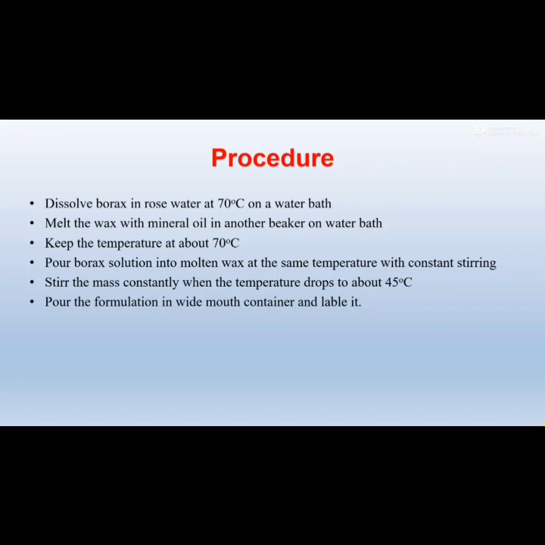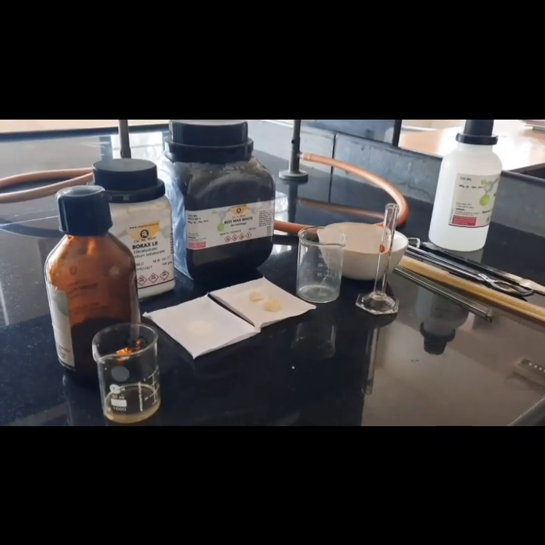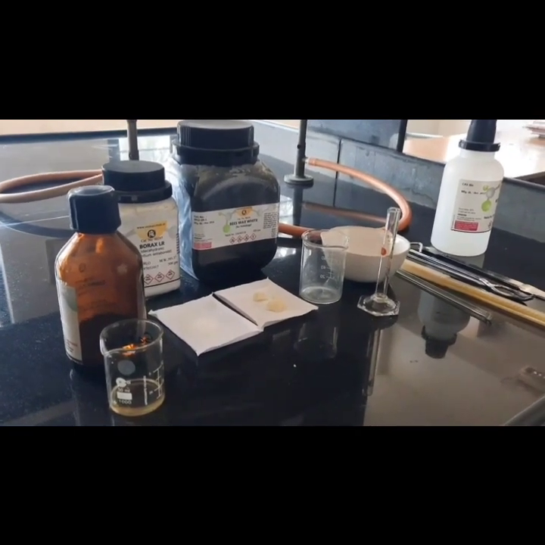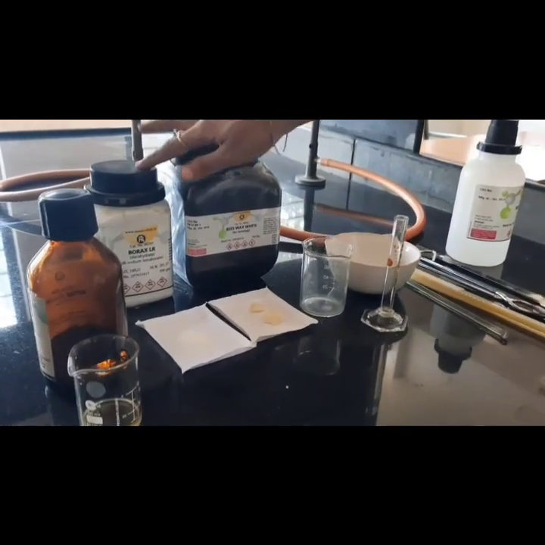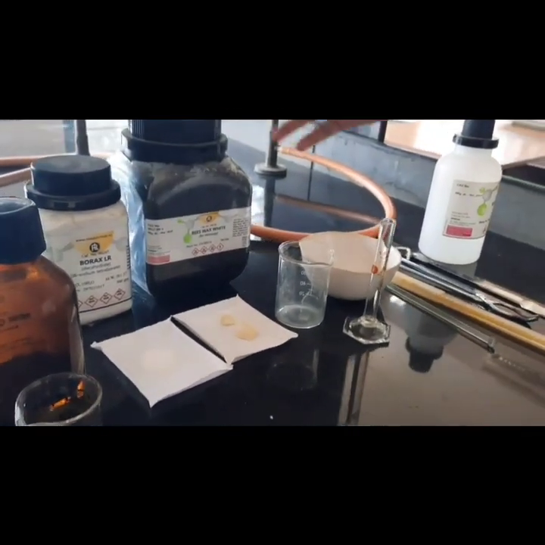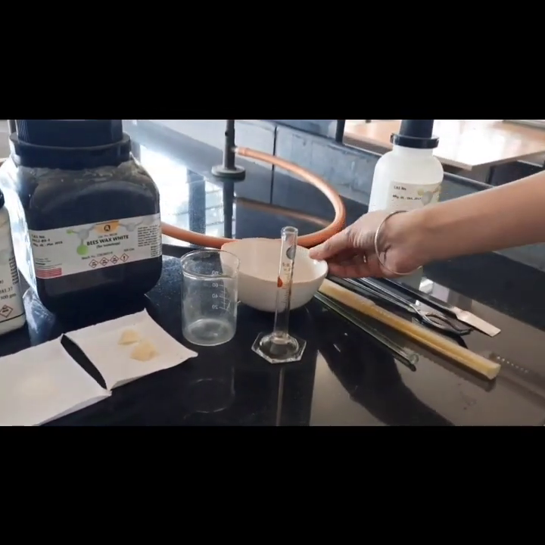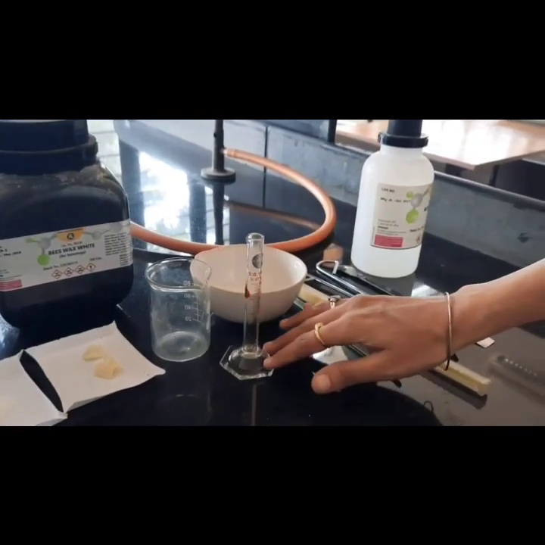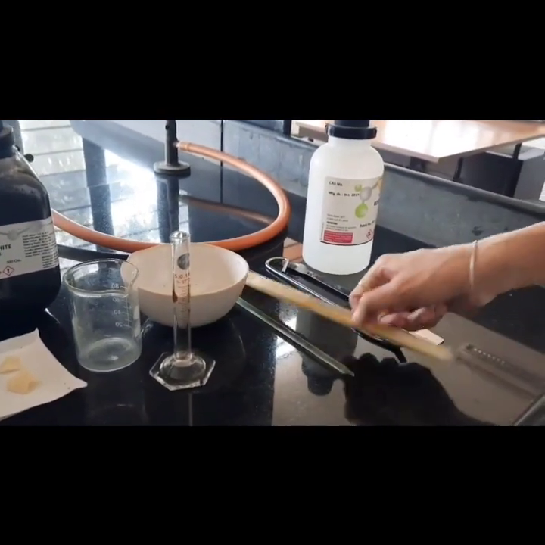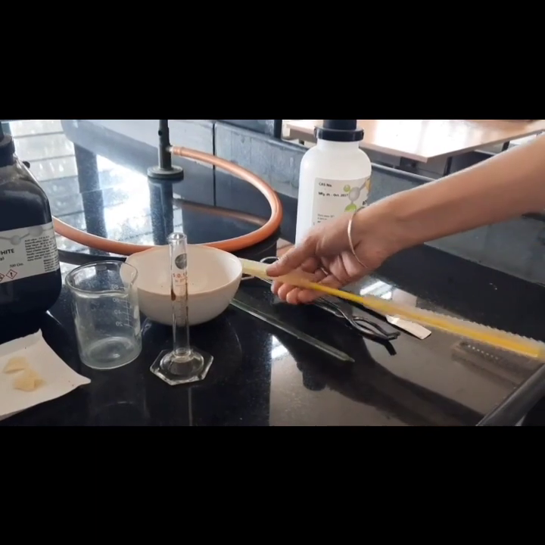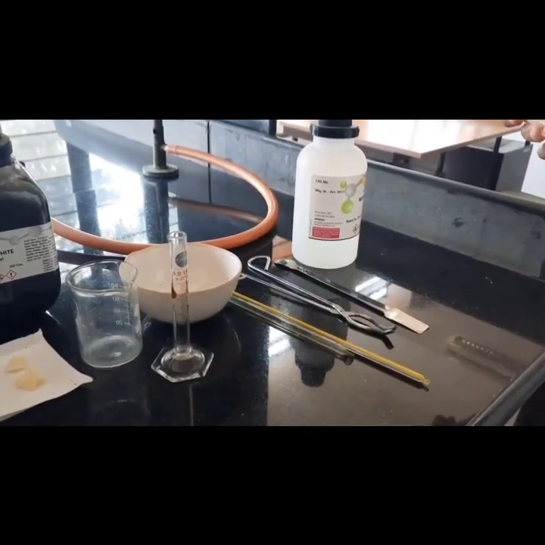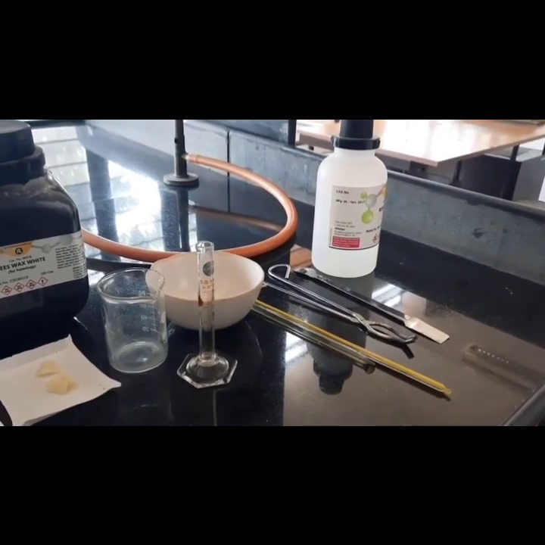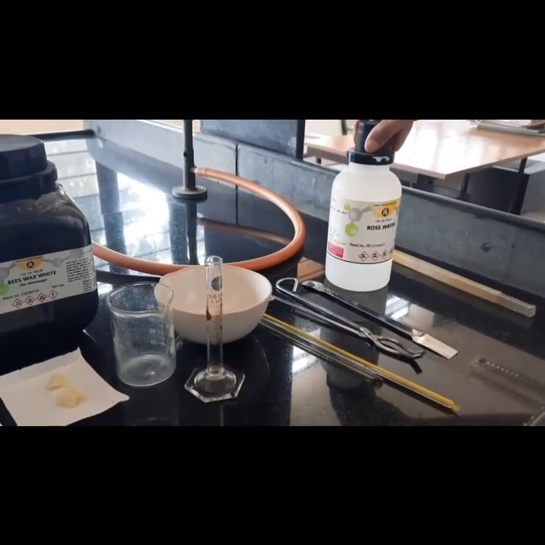Now we will formulate the cream. So the requirements for the preparation of herbal cream are mineral oil, borax, white beeswax, and apparatus: beaker, porcelain dish, measuring cylinder, glass rod, thermometer, pair of tongs, spatula and rose water.